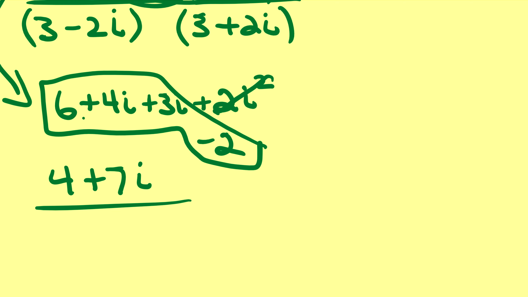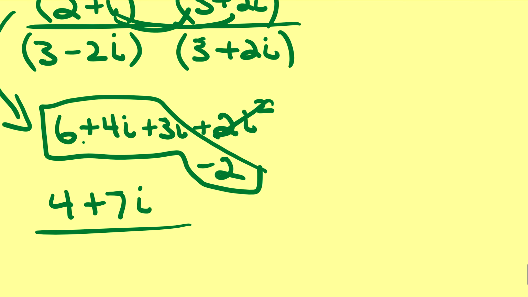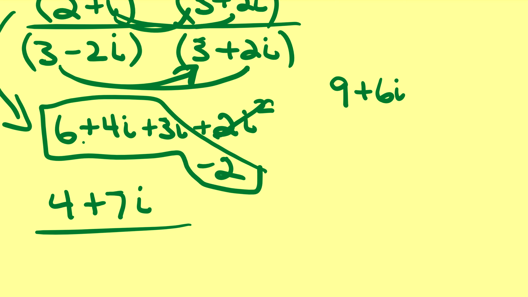My denominator now is going to be the conjugate of each other, and I'm going to FOIL that. So this is going to be 3 times 3, which is 9. I'll do my work out here. 3 times 2i is 6i. Negative 2i times 3 is negative 6i. And then negative 2i times 2i is going to be negative 4i squared.